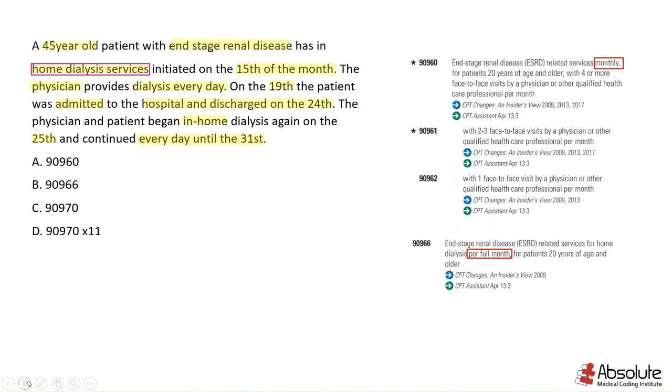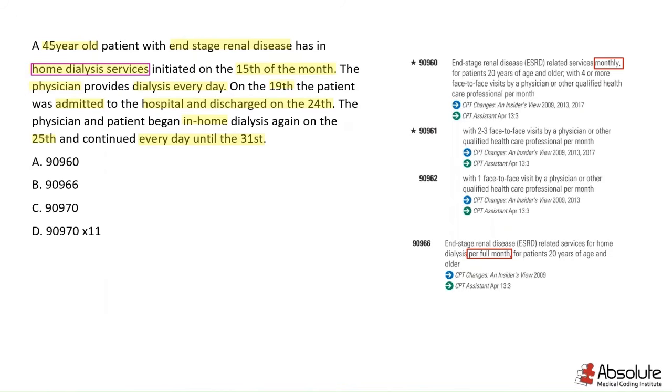And also CPT code option A, 90960, which is for end-stage renal disease related service monthly, for a patient 20 years of age or older with 4 or more face-to-face visits by the physician or other qualified healthcare professional per month. So did we have 4 or more face-to-face visits by the physician here? I don't think so.